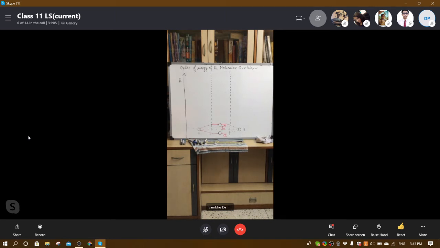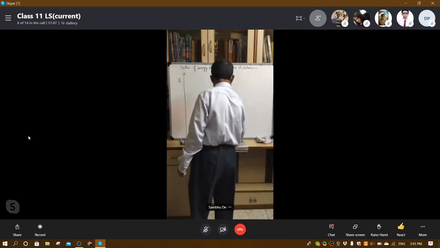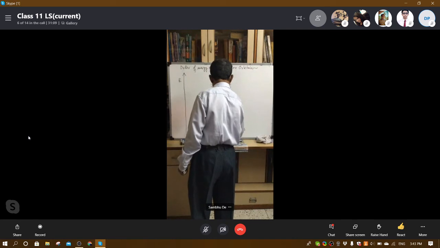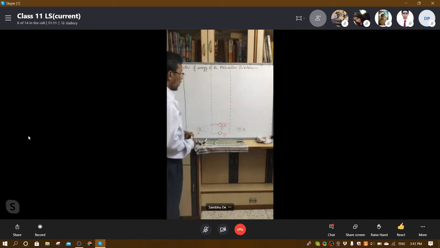So simply write this. Lower means it is bonding, it is understood. So one is sigma, which is below, that is bonding. And sigma star, star always means antibonding. So you need not mention separately.